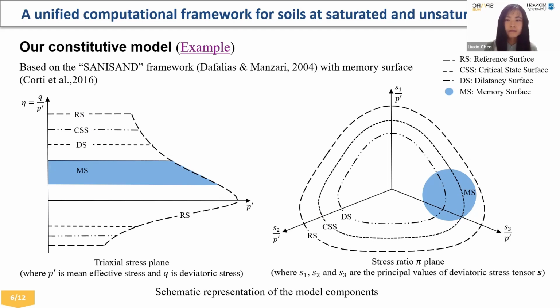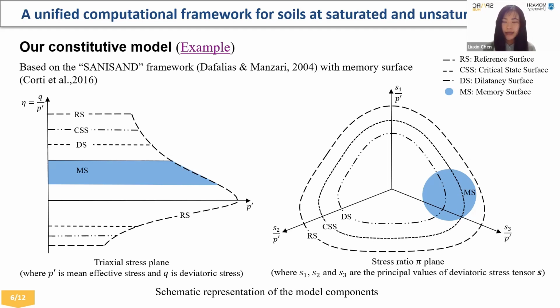Recently, some researchers found that it's very difficult to accurately predict the plastic strain accumulation as the number of loading cycles increases. So to overcome this, following Corti et al. in 2016, we use a memory surface that changes in size with plastic strain to describe the variations in soil stiffness during cyclic loading.